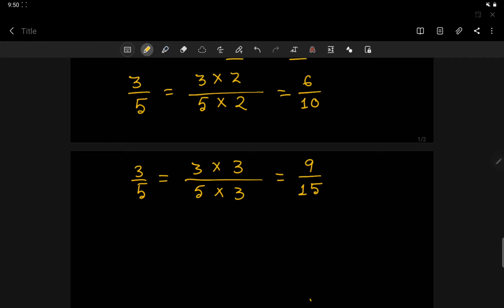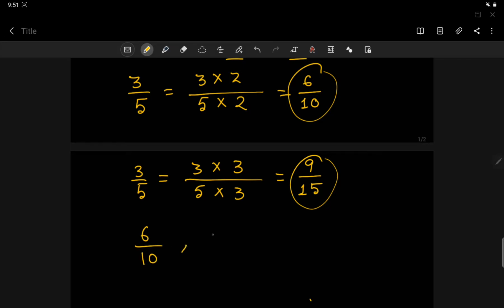Their value is the same, but they look different. So 6/10, 9/15. Similarly, if I multiply by 4 on the numerator and denominator, then we will get another fraction.